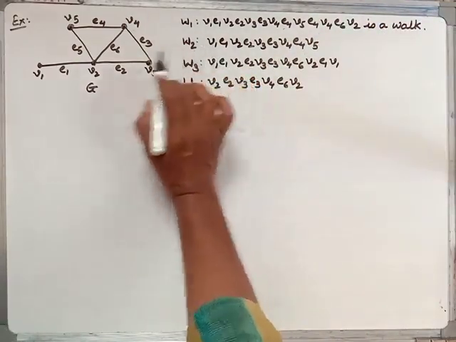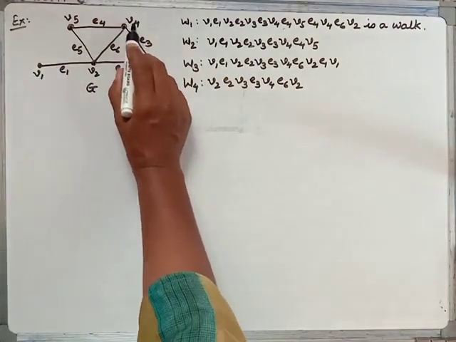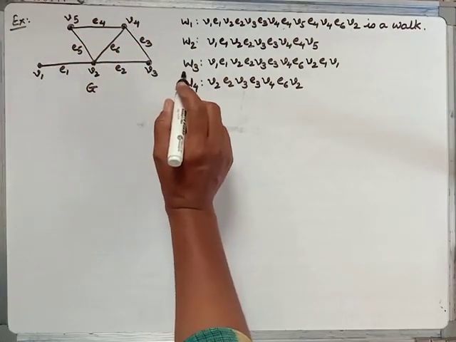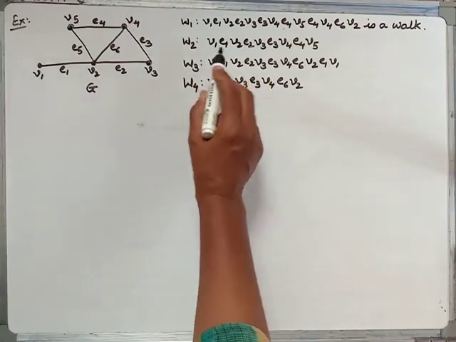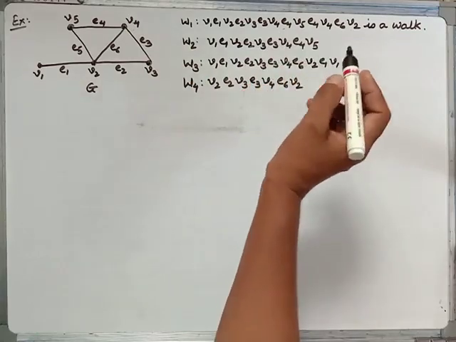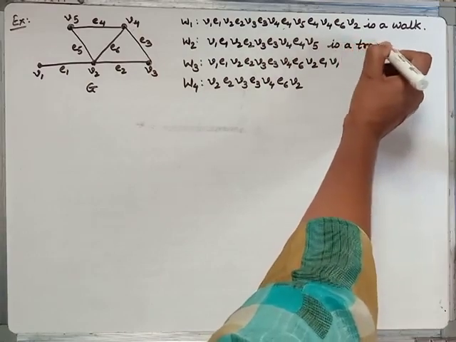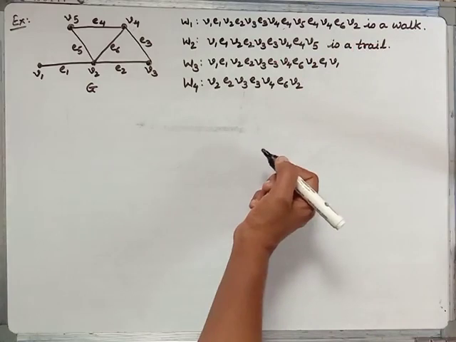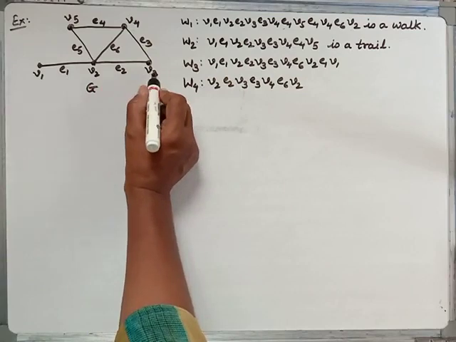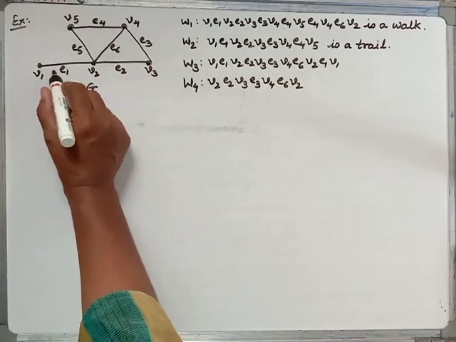Now look at this: V1 E1, V2 E2, V3 E3, V4 E4, V5. Here no edge is repeated. So this is a walk, but basically a trail. No edge repeats, that's why trail. Now this is V1, E1, V2, E2, V3, E3, V4, E6, V2, E1 and V1.